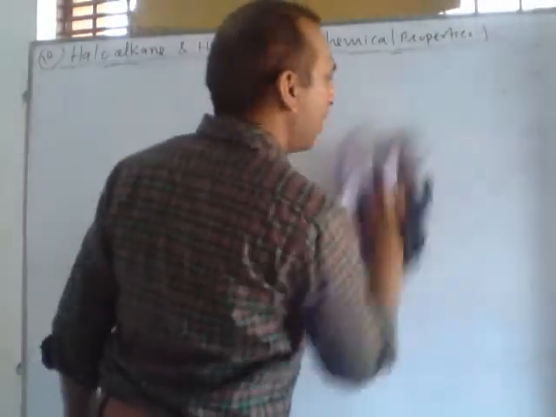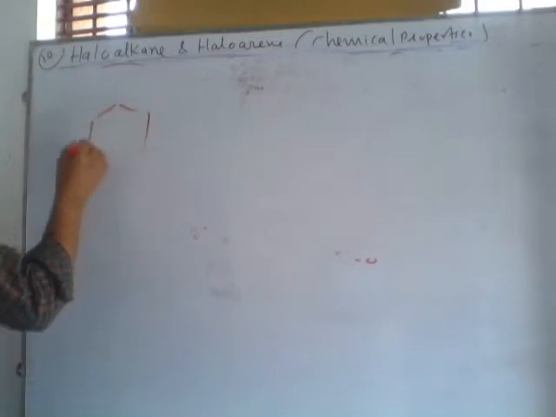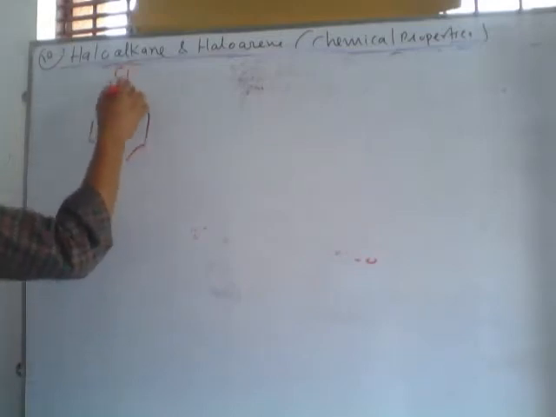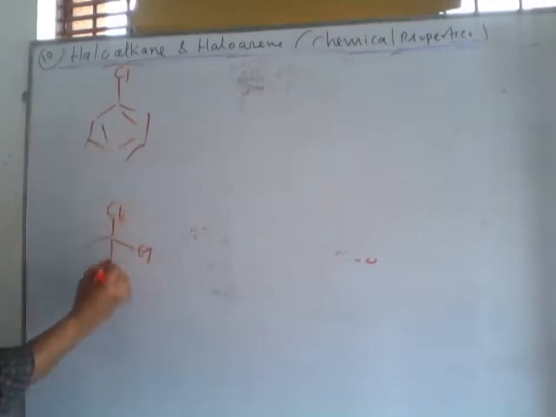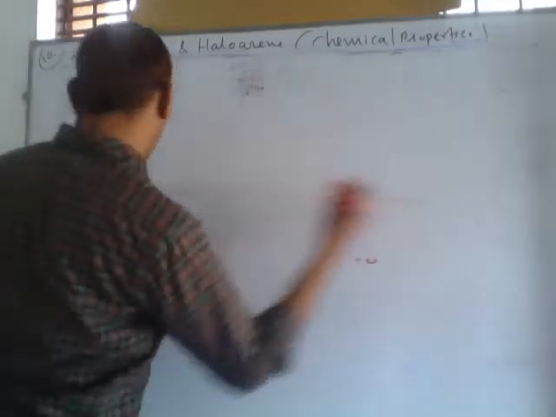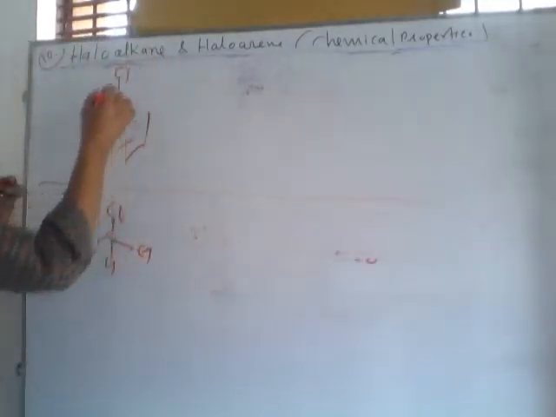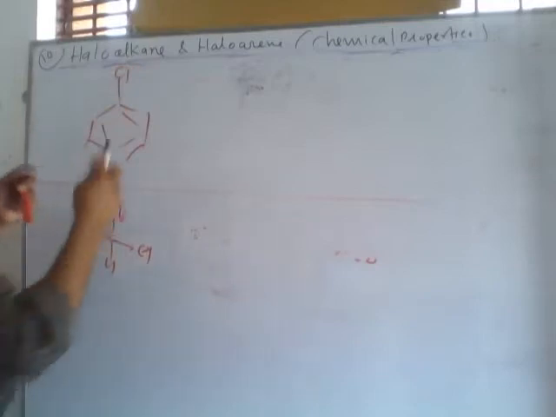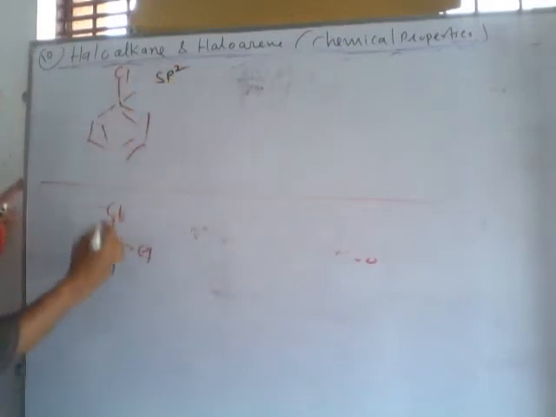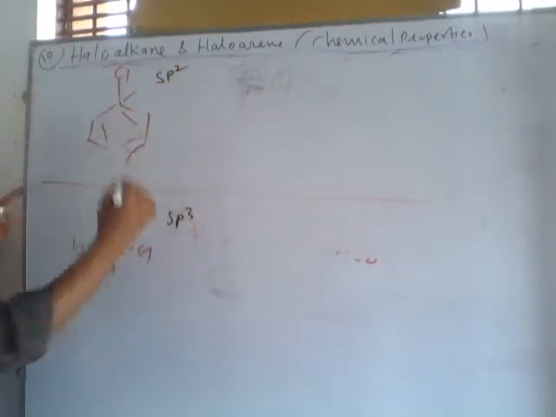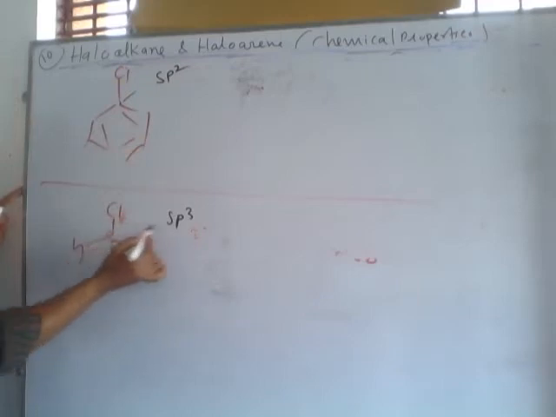First, hybridization. Listen. This is a haloalkane, and this is a haloarene. In haloarene, the carbon which is connected with halogen is sp2 hybridized, but in the haloalkane it is sp3 hybridized on the basis of four sigma bonds.